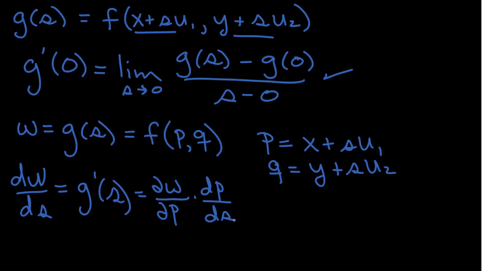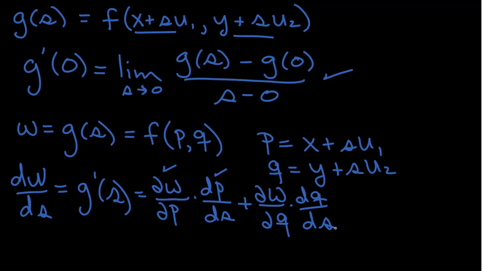Y'all see that? In other words, I'm just using the chain rule. And I have to do a partial here because there's a p and a q. But here I don't need to do a partial. Does everybody see that? Okay. Now I'm going to do the other one. I'm going to do the partial of w with respect to q, and then this is going to be dq/ds.